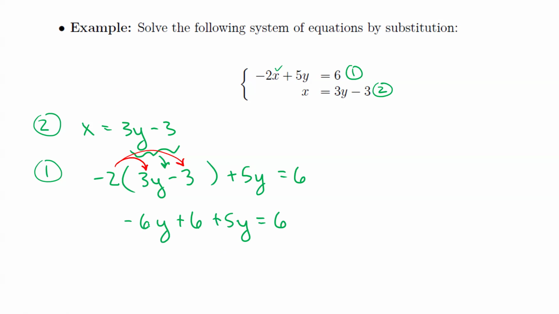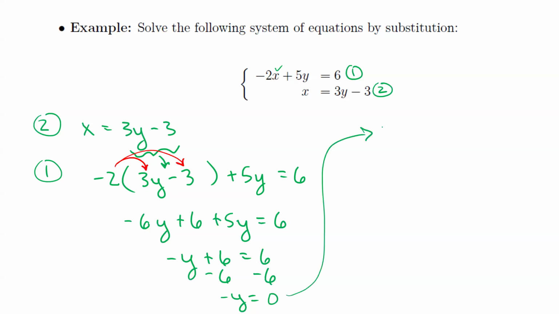So negative 6y plus 5y is negative y. Subtract 6 from both sides, you get negative y is equal to 0. And of course, that means just that y itself is 0. Don't really need to show this last step, but there you go, y equals 0. And that's fine, right?